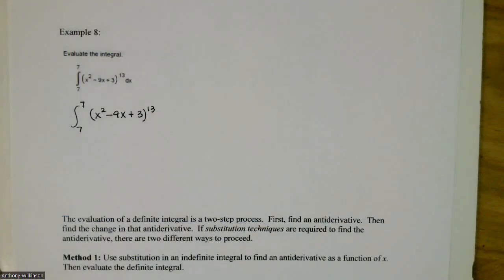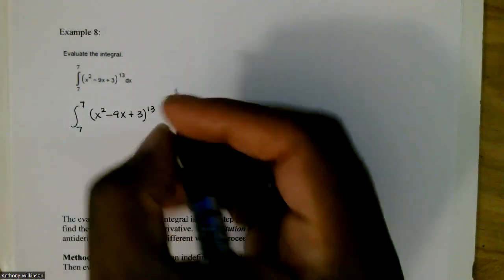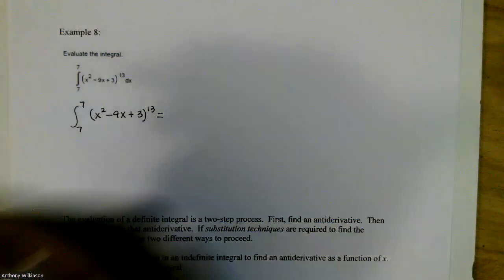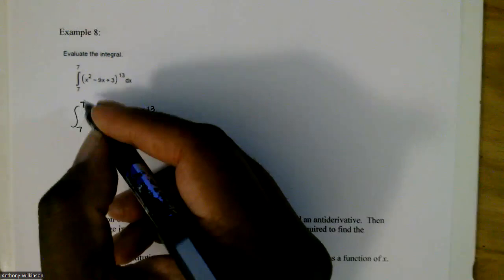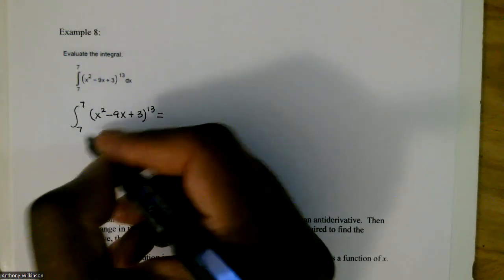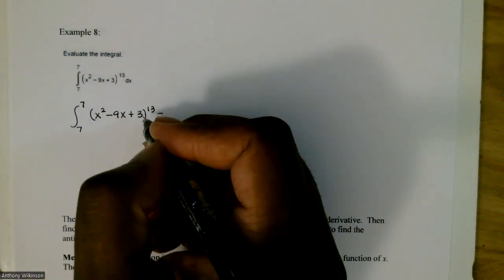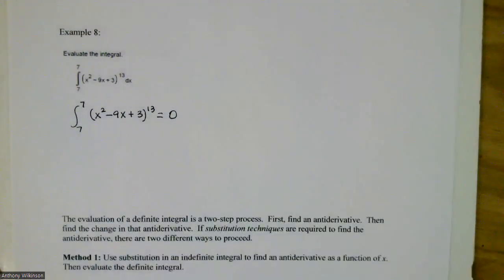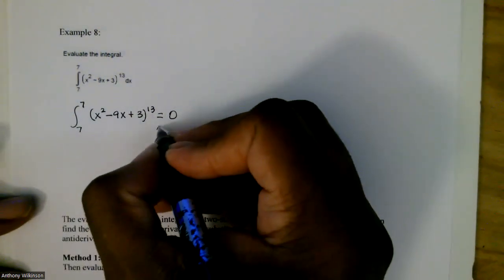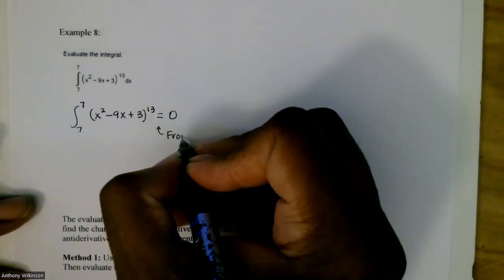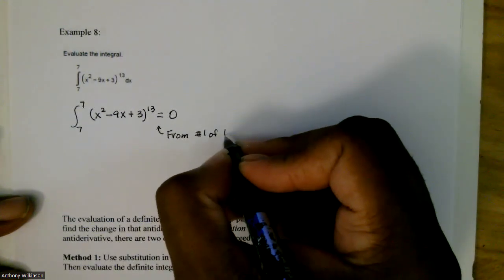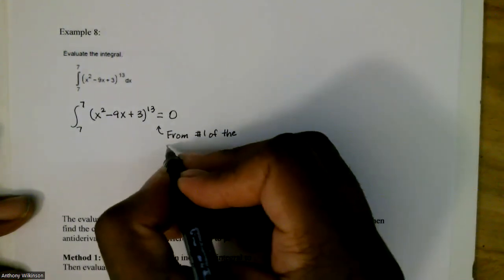So that means here, we don't have to do any algebra at all, because notice your lower limit and your upper limit are exactly the same, and we're integrating this function here. So we're going to automatically get an answer of 0, and we're done with that problem. So this is going to be from number 1 of the properties of definite integrals.